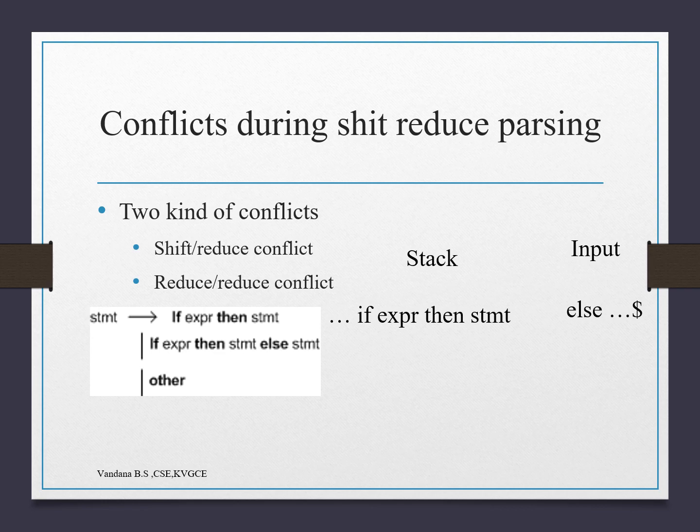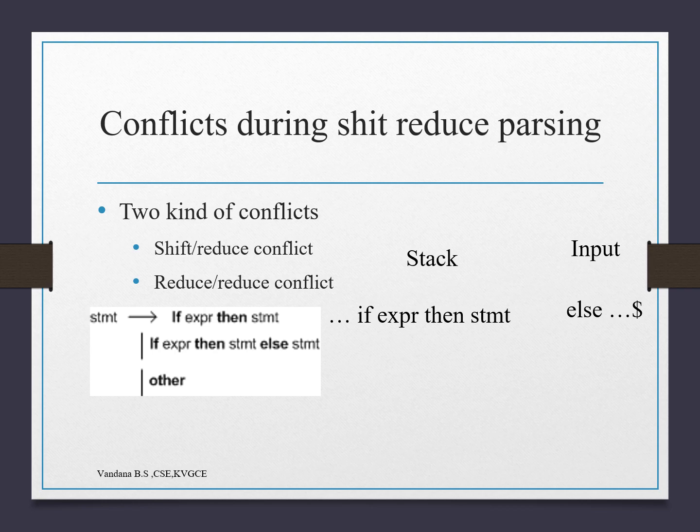This particular concept is called a shift reduce conflict. Or it cannot decide which of several reductions to make; this is called a reduce reduce conflict. So the two kinds of conflict are shift reduce conflict and reduce reduce conflict.